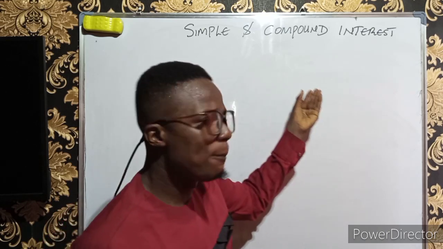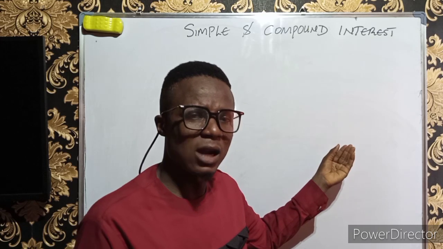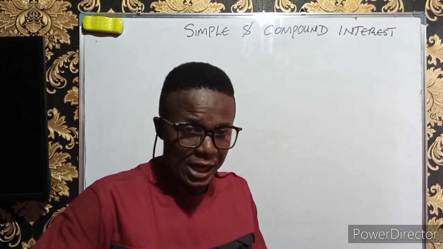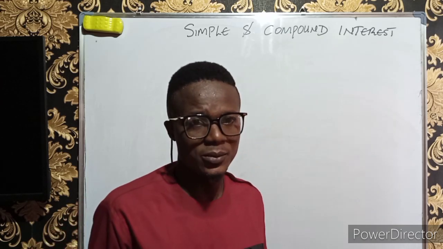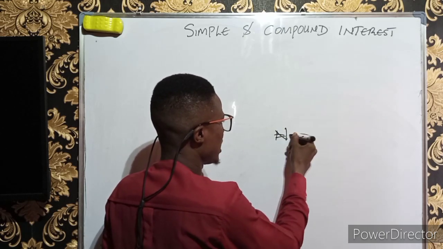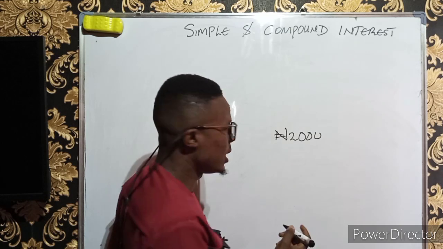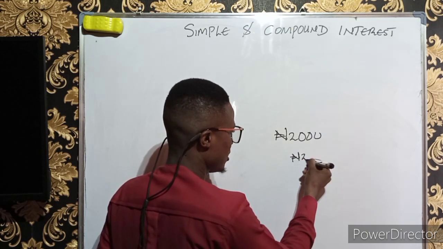But when you talk about compound interest, it is a kind of interest that is calculated on the principal, which is the amount borrowed, and also on the accumulated interest. For example, if you borrow 2,000 naira from a certain bank, at the end of the year it gives an interest of 200 naira.